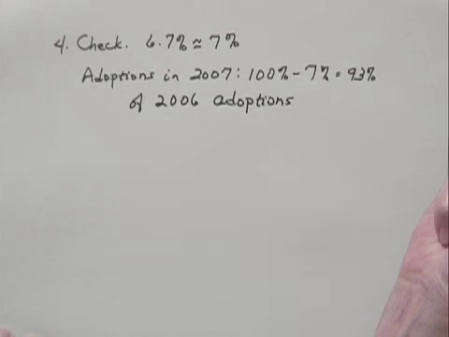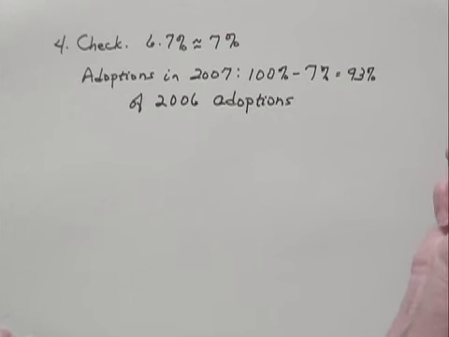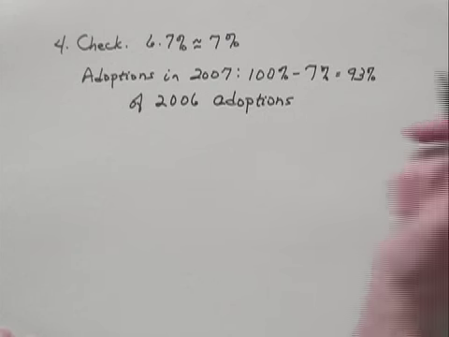So let's take the number of adoptions in 2006 and find 93% of it and see if that's approximately equal to the number of adoptions in 2007.